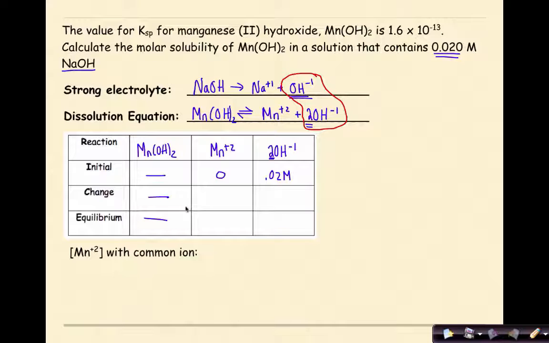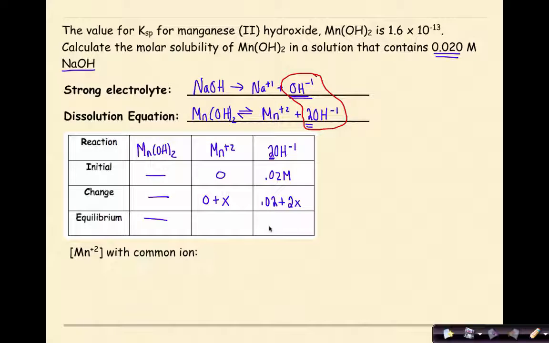Then for the change, we're going to do what we normally do. Initially I don't have any manganese ions, but I'm going to get some over time. And then I'm going to have my initial concentration of hydroxide plus, and I have to remember that this 2 is here, so this is going to be 2x. So I'm going to add some amount of additional hydroxide ions to the already existing 0.02.